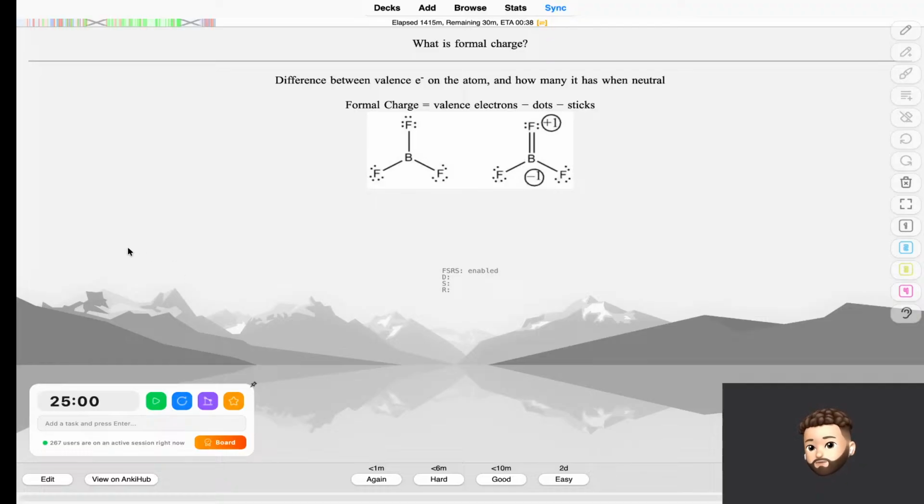So since fluorine should have seven, it would be seven minus one, two, three, four, five, six. And that's how you get to the plus one. Okay, cool.